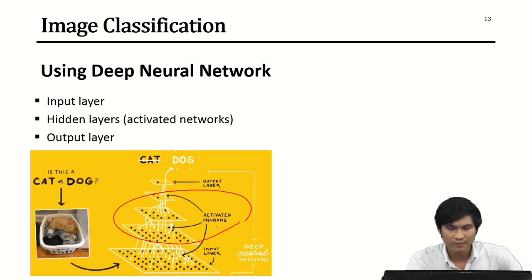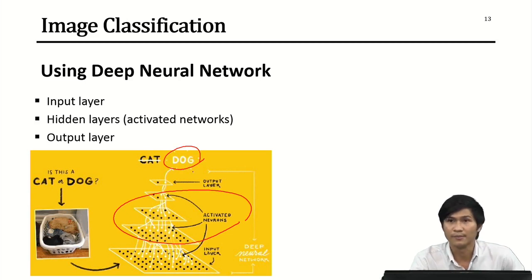And based on the activated neurons, one by one, it can give us more accurate data. For example, in this case, a picture of a dog. From one layer to another layer, it tries to simplify and make the input data more specific. Lastly, it gives us the result: it is a dog from this image.